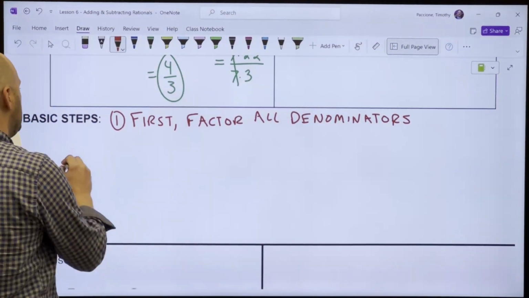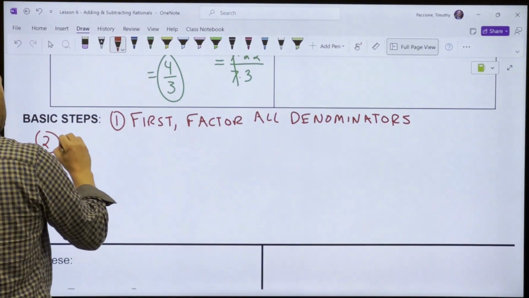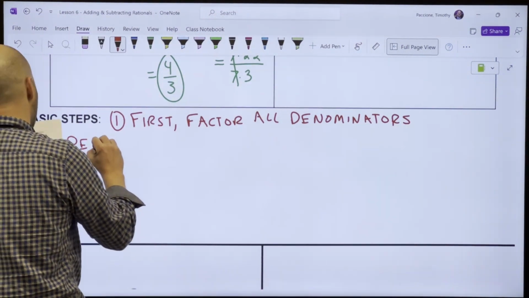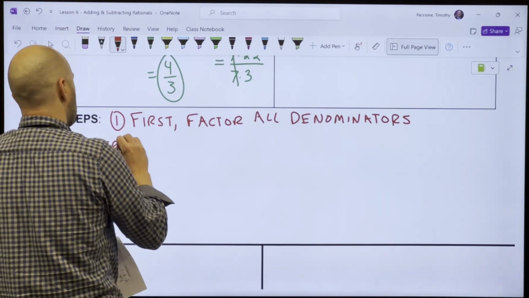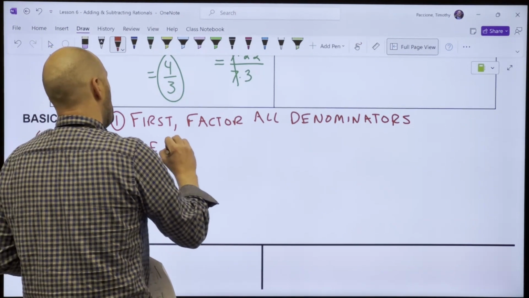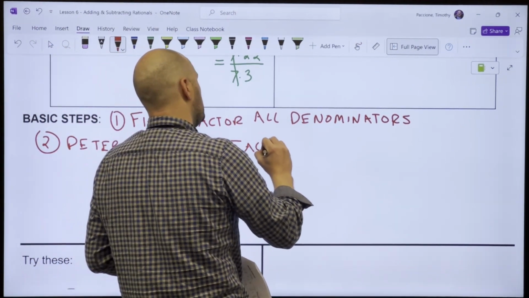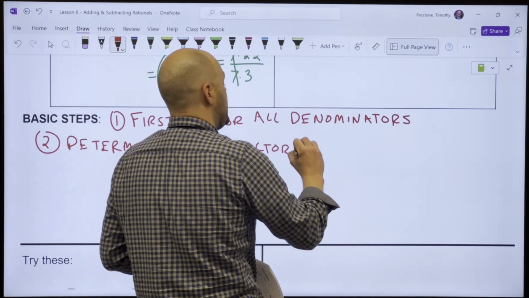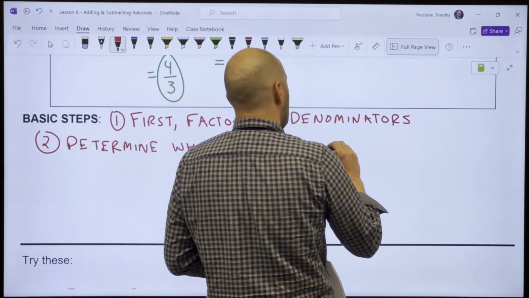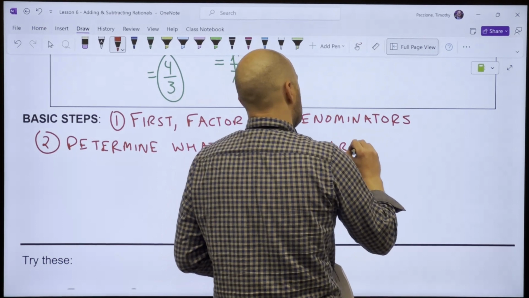Once I've broken down all the denominators, step 2 is determine what factor(s), and I'll put a little s in parentheses in case it's more than one, what factors are missing.